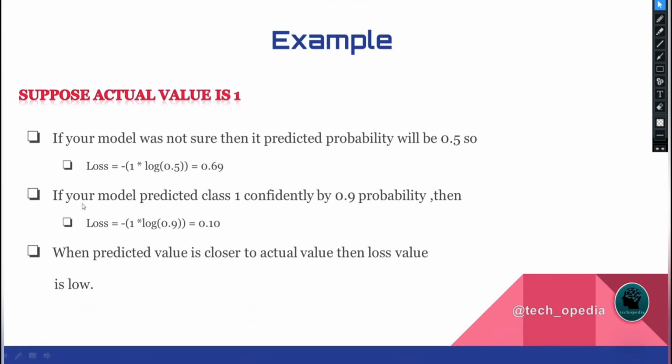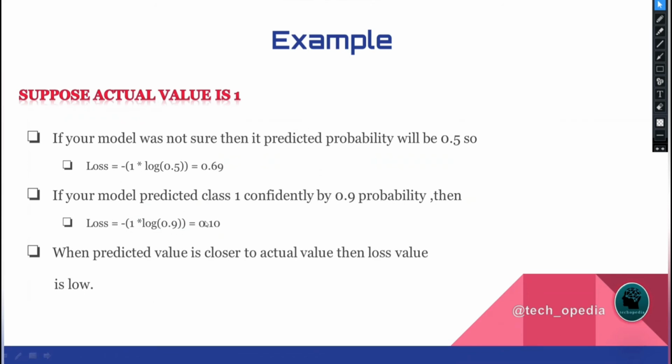In this case, if your model predicted class 1 confidently by probability 0.9, then our log loss error will be less as it is the confident model and it predicted class 1 by 0.9 probability. So minus 1, which is the class label, into log of 0.9, which gives us 0.1.